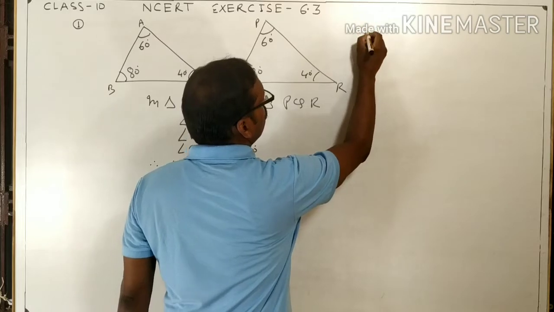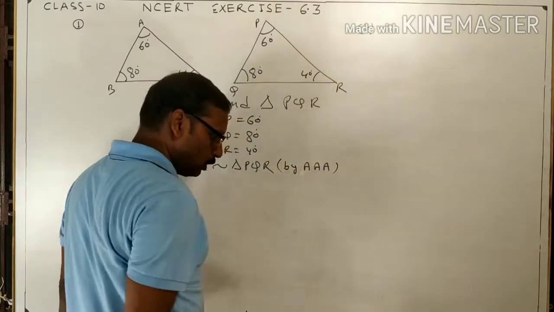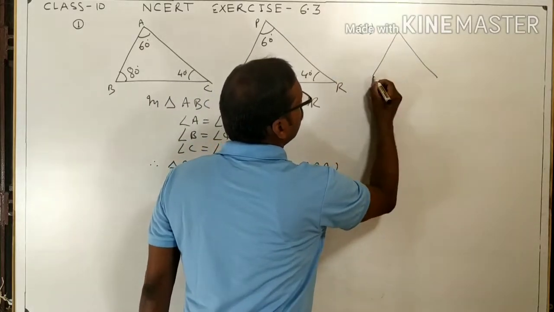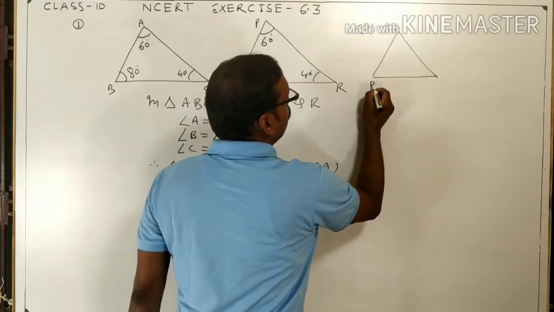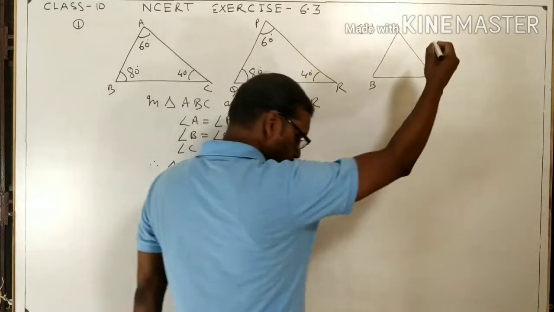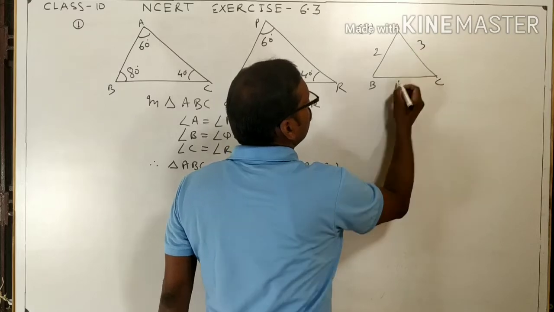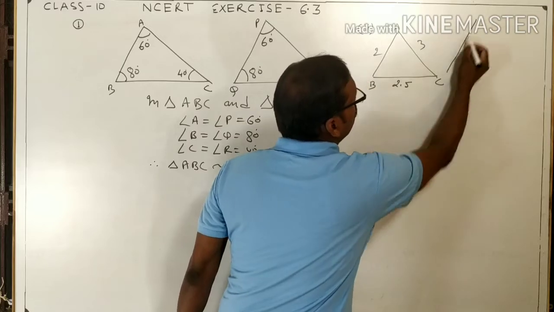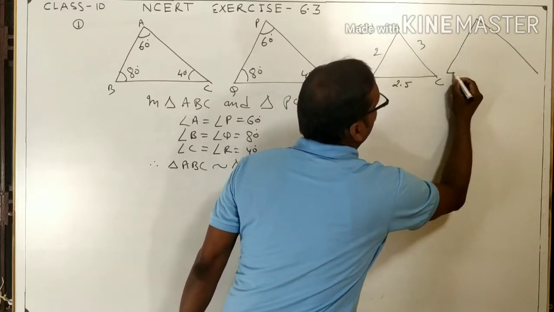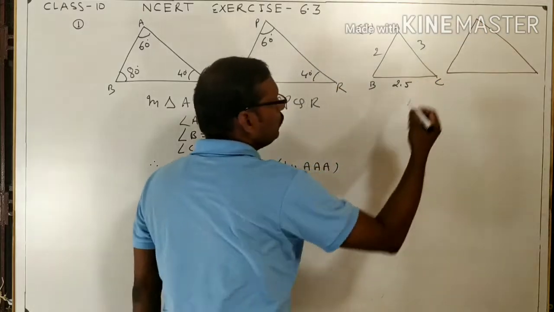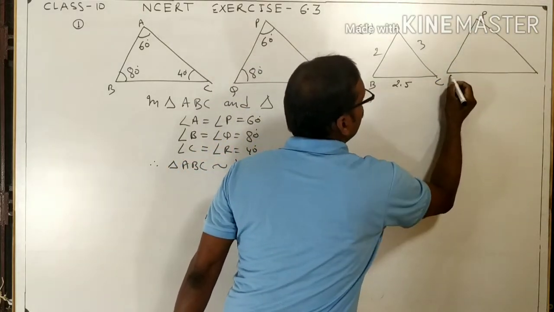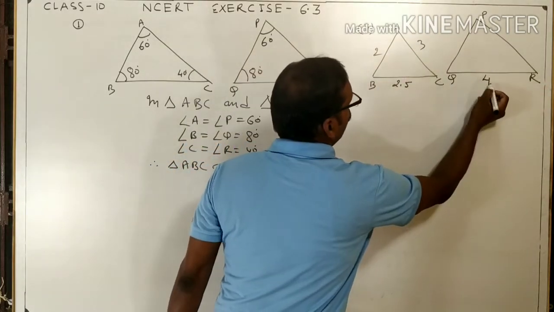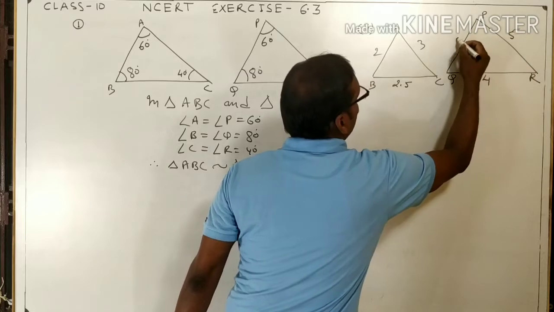Second question of question number 1. Here we have triangle ABC with sides 2, 3 and 2.5, and the other triangle is triangle PQR with sides 4, 5 and 6.